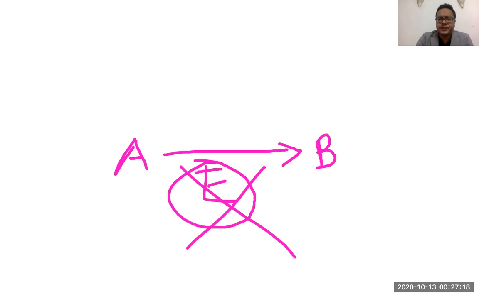Which one would be increased inside the cell, A or B? Obviously, the answer would be A, because A cannot be converted anymore to B because there is a deficiency of this enzyme E. That is the first cause of abnormal intracellular accumulation.